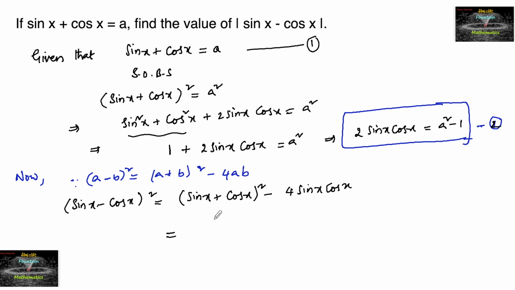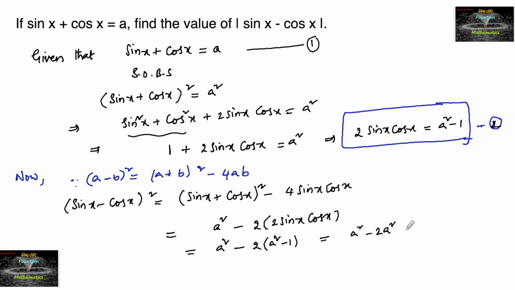So from 2, (sin x minus cos x) whole square is a square minus 4 sin x cos x, we can write 2 times 2 sin x cos x, which equals a square minus 2 times (a square minus 1) from the first equation, which is equal to a square minus 2a square plus 2, so that is 2 minus a square. So 2 minus a square is (sin x minus cos x) whole square.